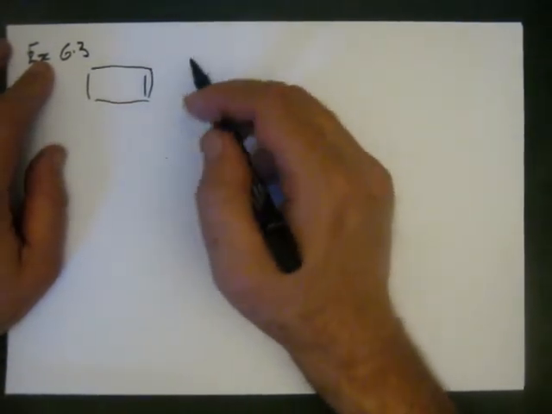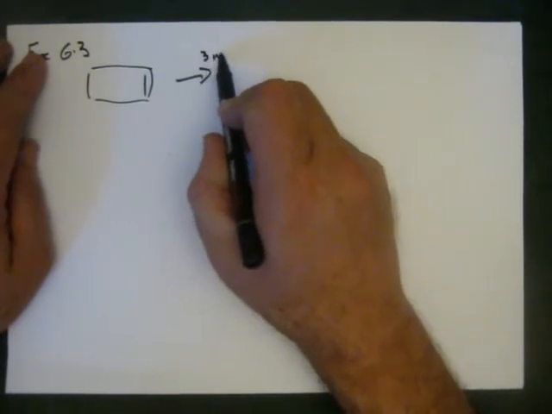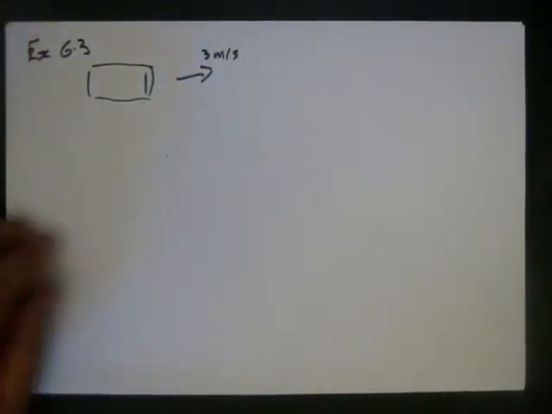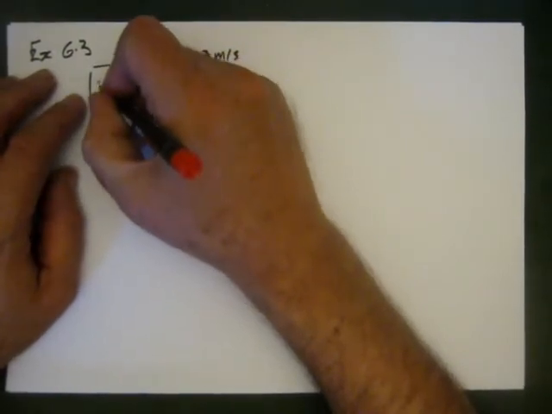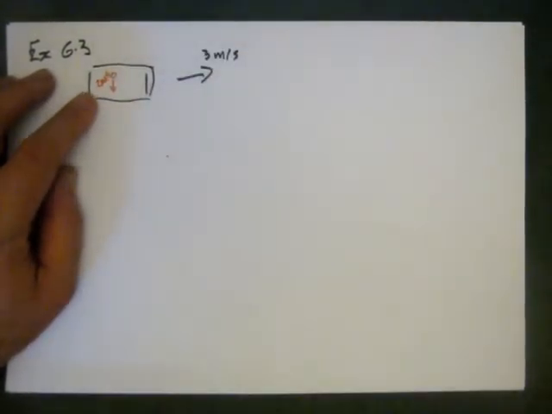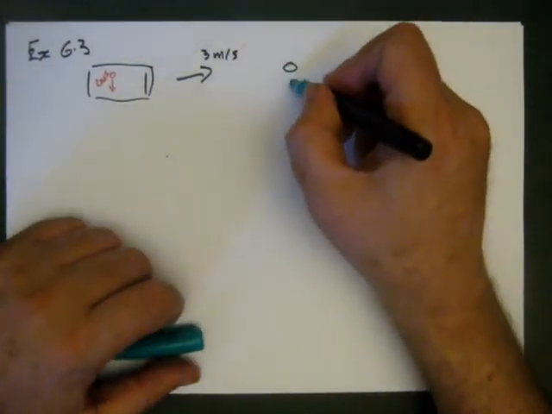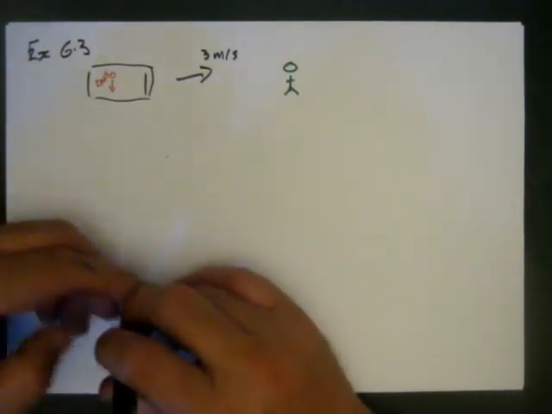And the van is moving 3 meters per second that way, due east, and the ball is rolled 2 meters per second to the side of the van. 2 meters per second that way. And if this is me standing here, I'm the observer, how fast is it going now?